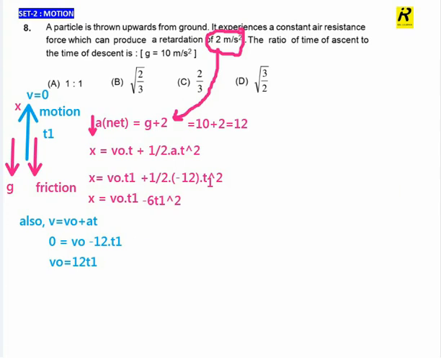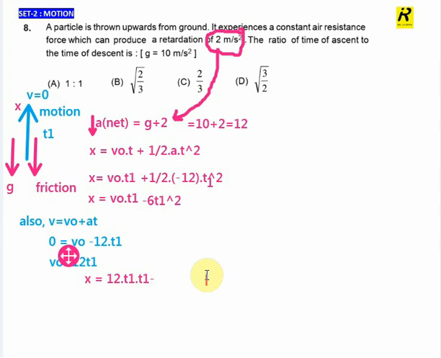So what I may get finally is x, which is 12 T1 into T1. So I am substituting only for v0, which is 12 T1, and the original T1 is here. So that one more T1 I wrote here.